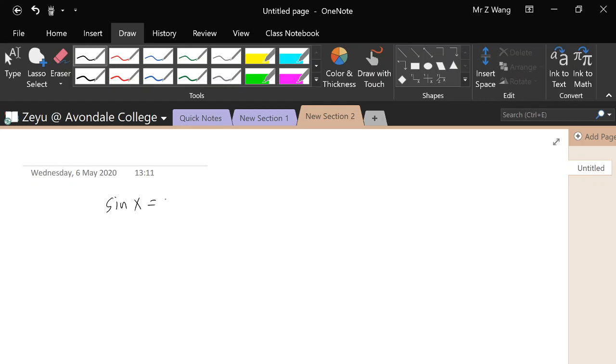Sine x equals 0.1. Remember, we're solving between 0 and 360 degrees. This is very important because, if I don't limit the domain, I can end up with as many solutions as I can by adding 360 degrees to the solution. I'll show this a bit later.